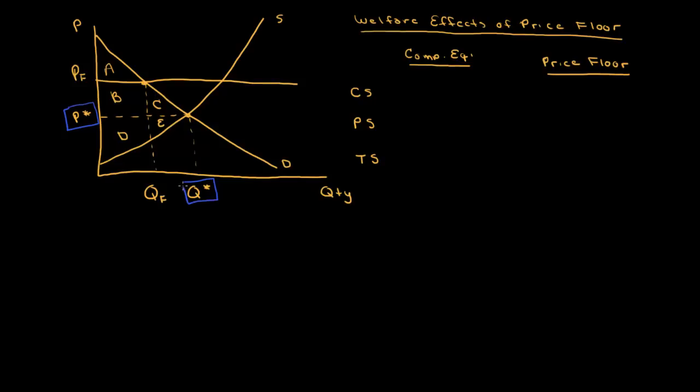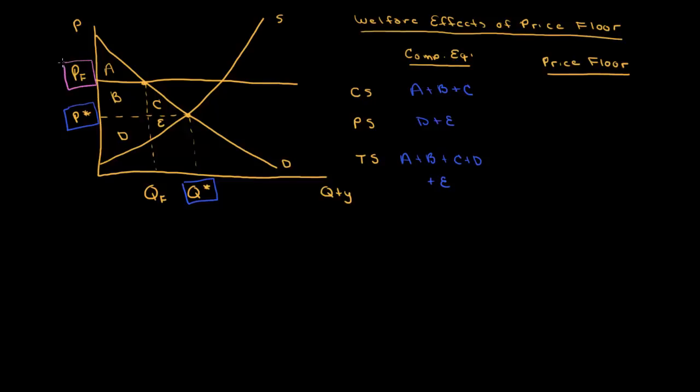So in the absence of any sort of price floor, market price would be P star, consumer surplus would be areas A, B, and C. Producer surplus would be areas D and E. So total surplus, being the summation of those two, is A, B, C, D, and E.